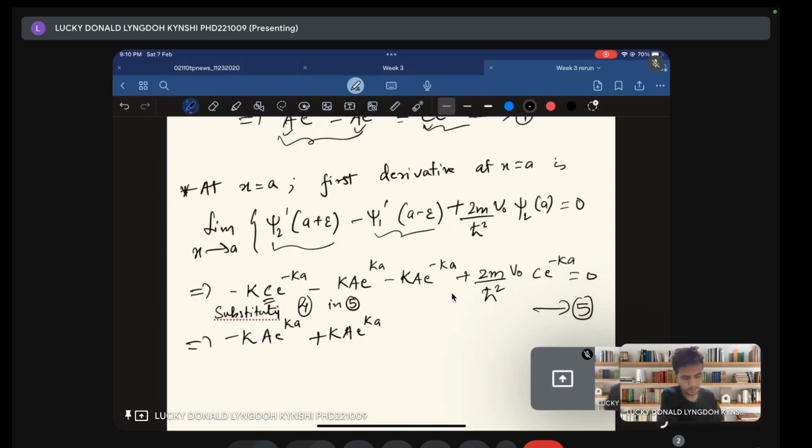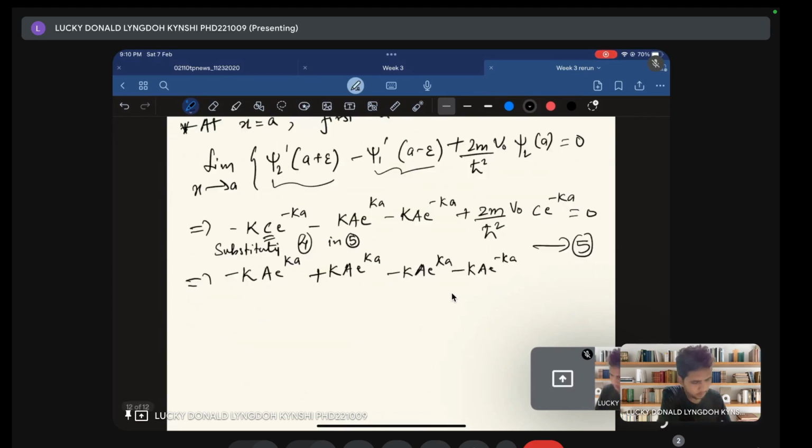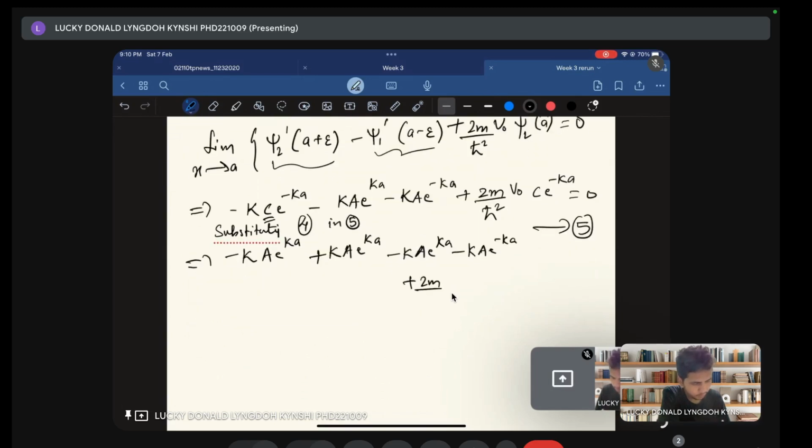So you get minus k A e to the power ka, and then what else? We get minus k A e to the power ka minus k A e to the power minus ka plus twice m divided by h cross square v naught, and then again instead of C you can write A e to the power ka minus A e to the power minus ka, equal to 0.